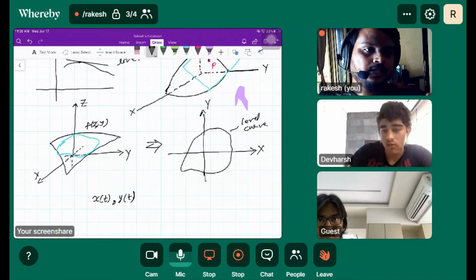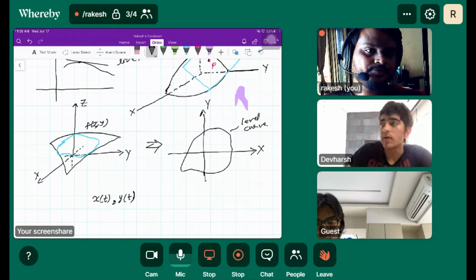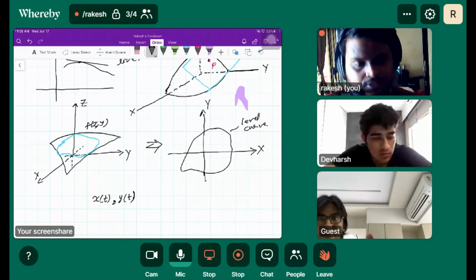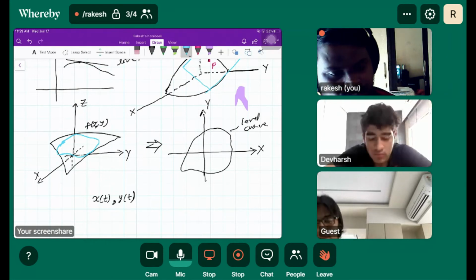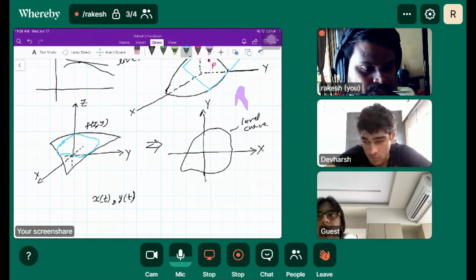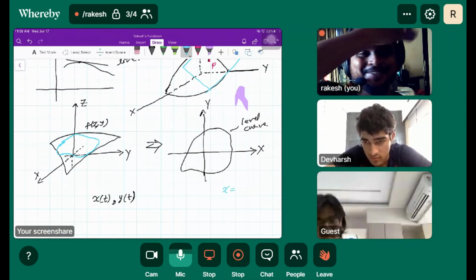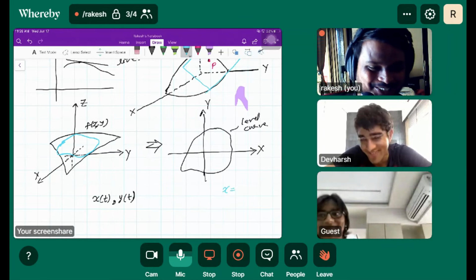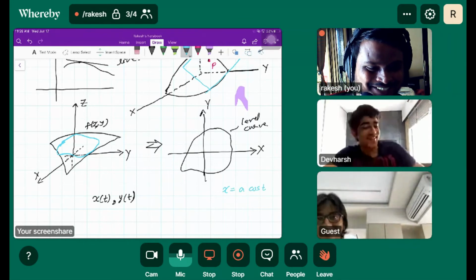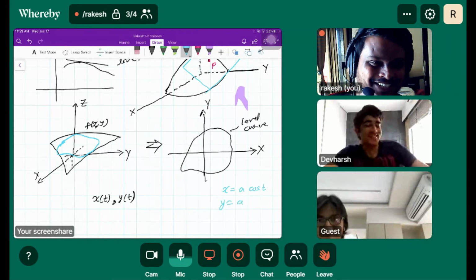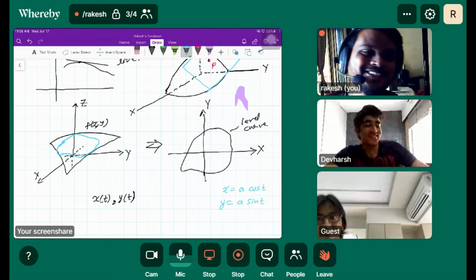So similarly, we can write. Are you getting that? Where a is the radius. Let me write everything I'm speaking. You guys sometimes give zero change expression on your face. x is equal to a cos t, y is equal to a sin t, right?